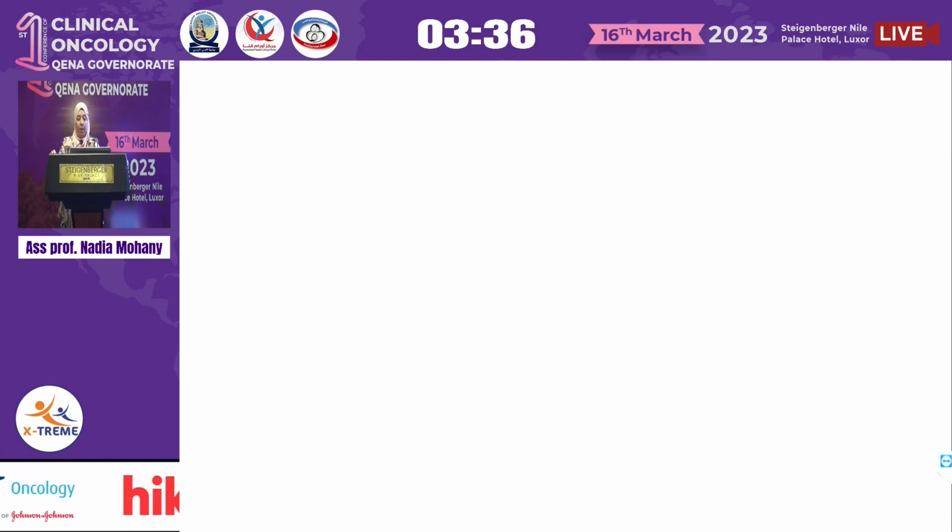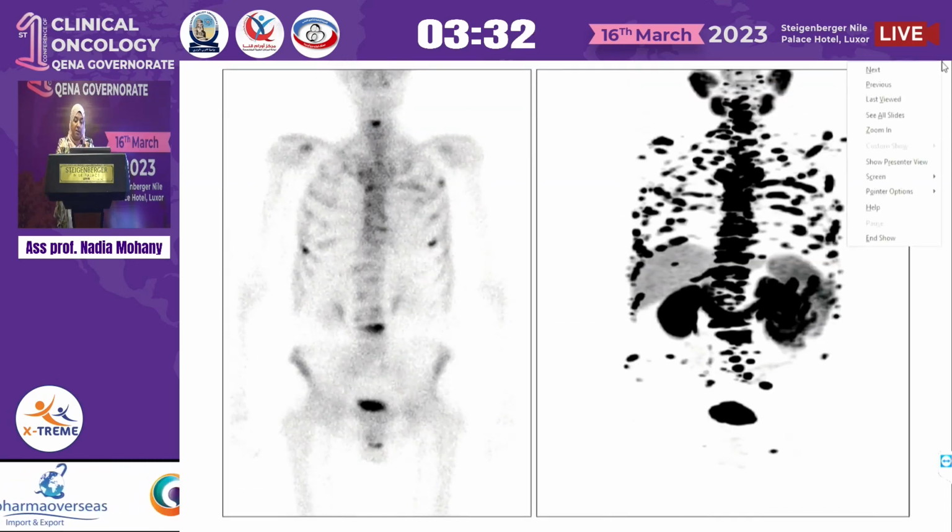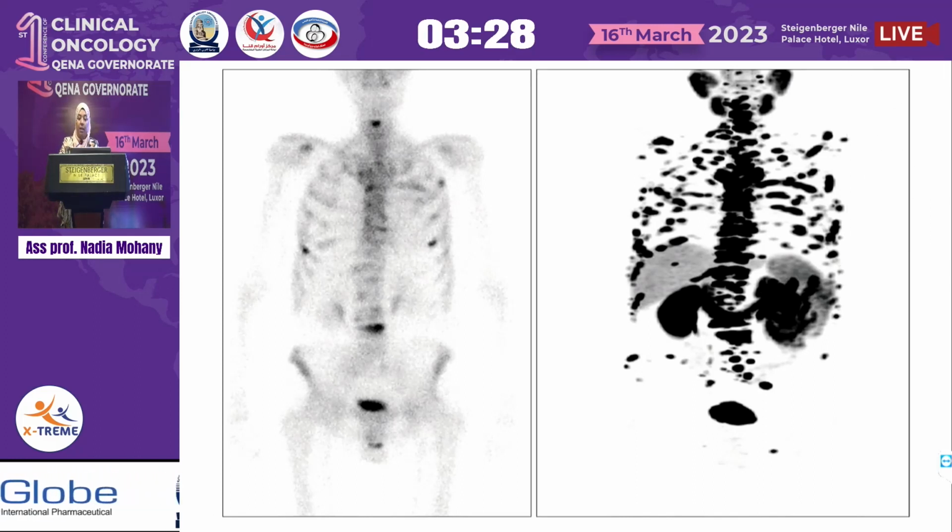Within 1 week, the patient was referred to do PSMA PET-CT to exclude or assess visceral metastasis, and this is the actual distribution of bone metastases. So it is appropriate to do PSMA PET imaging in patients with oligometastatic disease on conventional imaging.